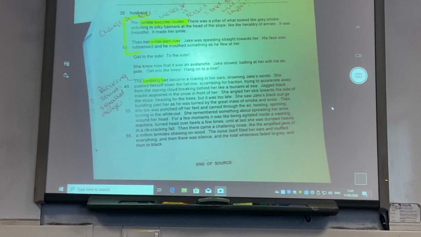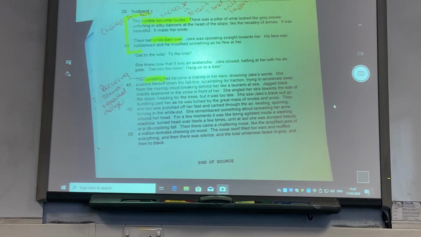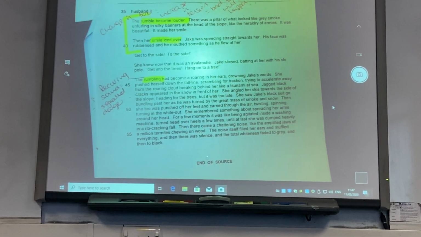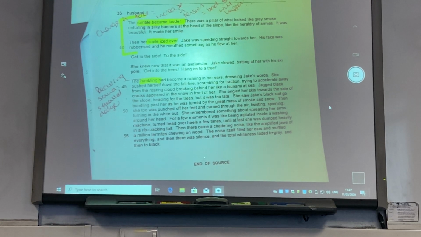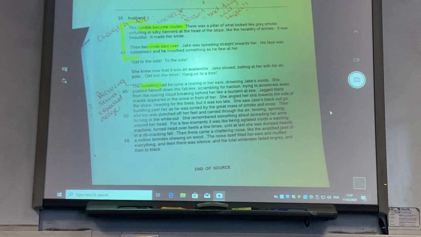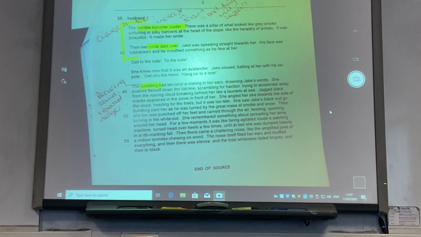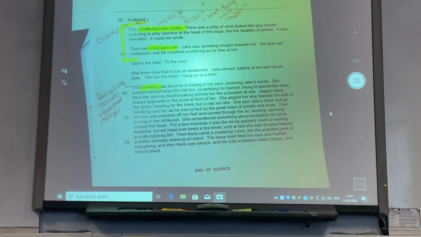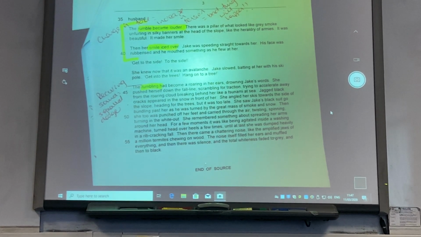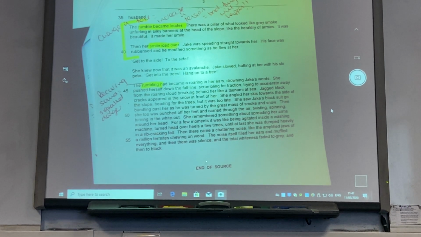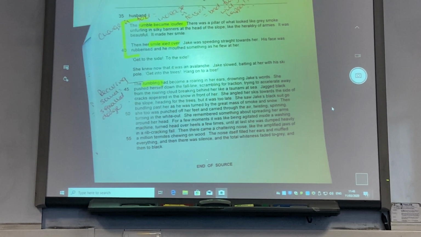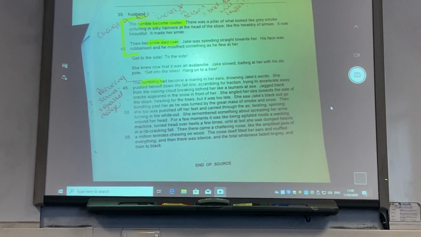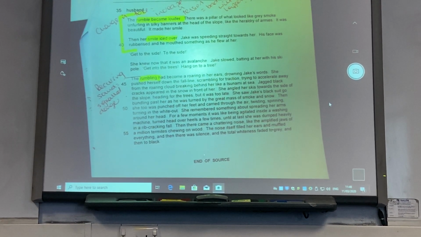She remembered something about spreading her arms around her head. For a few moments it was like being agitated inside a washing machine, turning head over heels a few times, until at last she was dumped heavily in a cracking fall. Then there came a chattering noise, like the amplified jaws of a million termites chewing on wood. The noise itself filled her ears and muffled everything, and then there was silence, and a total whiteness faded to grey, and then to black.